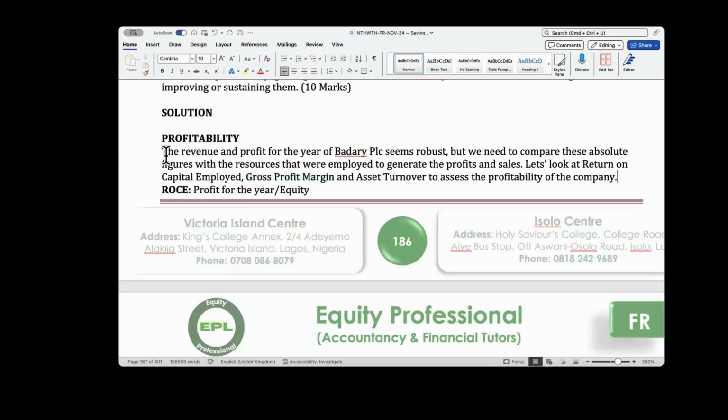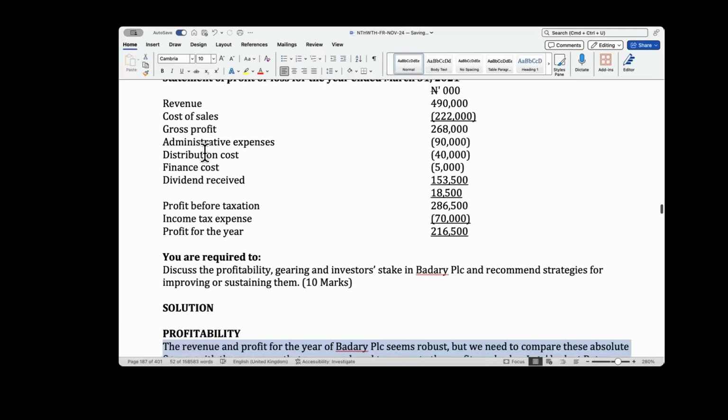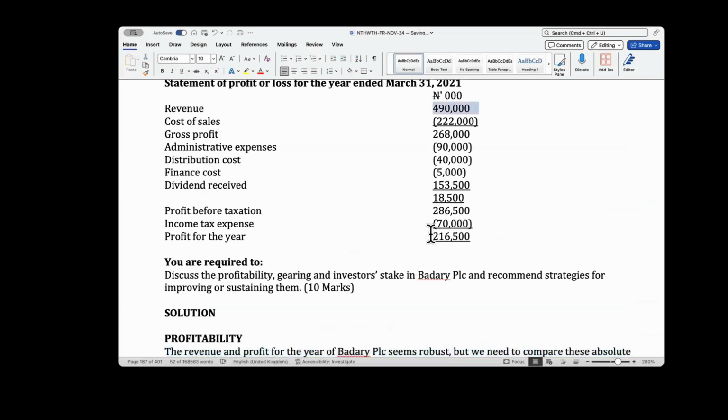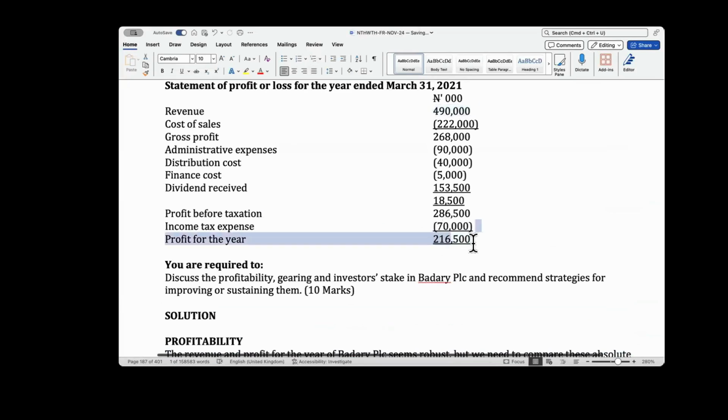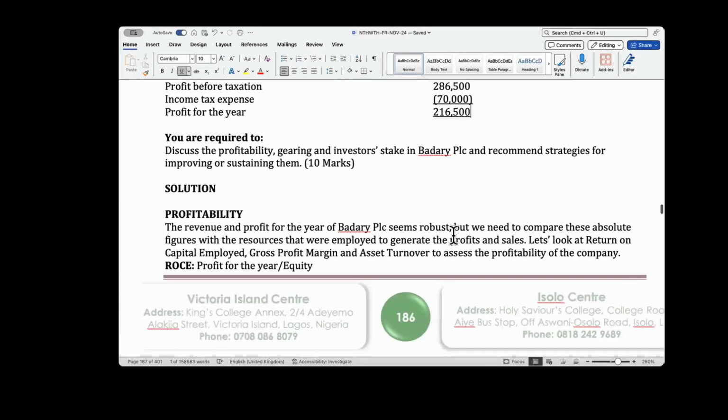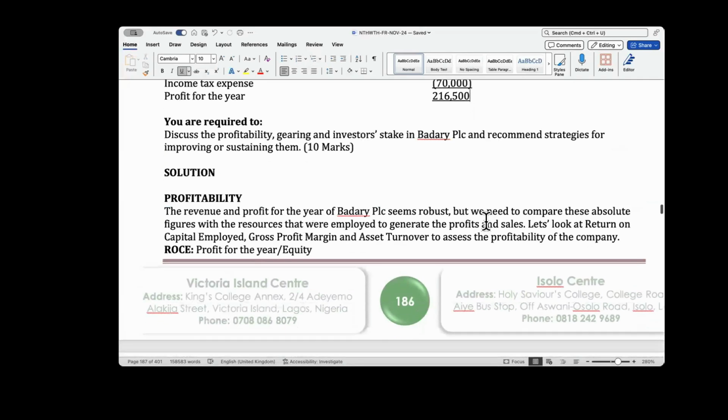You see, I just used it like an introduction to what I want to do. I told them that, yes, this company is making good sales, they're making good profits, but for me to talk about their profitability, I will need to compare this profit and sales with the resources that were employed to generate them.